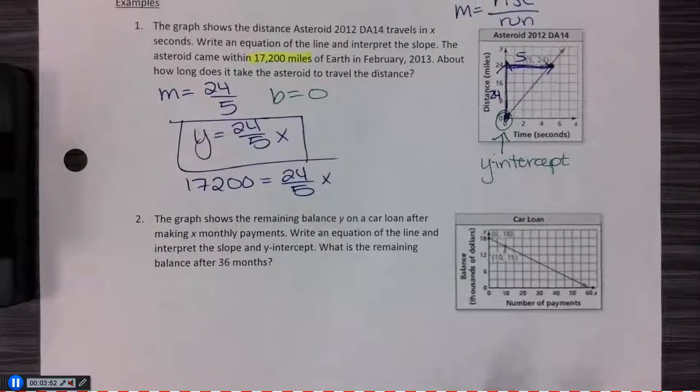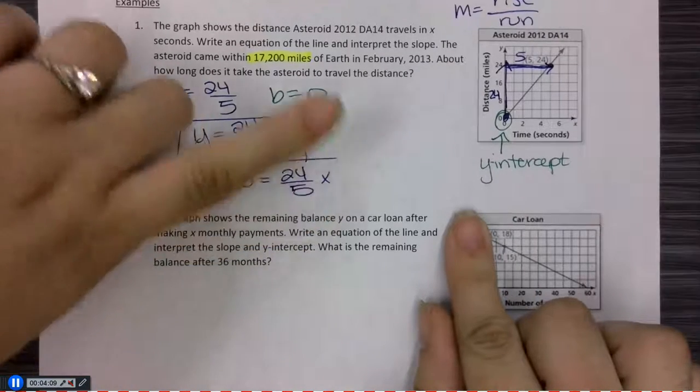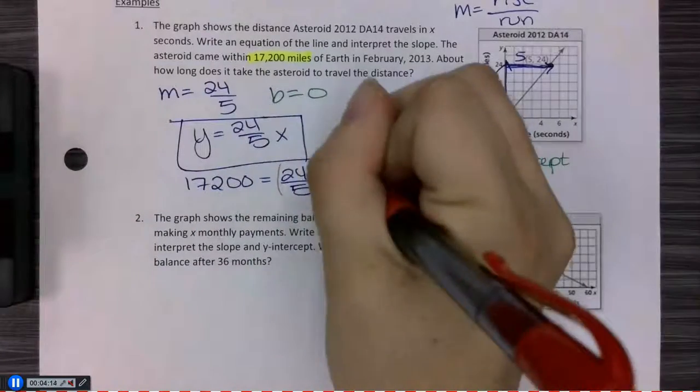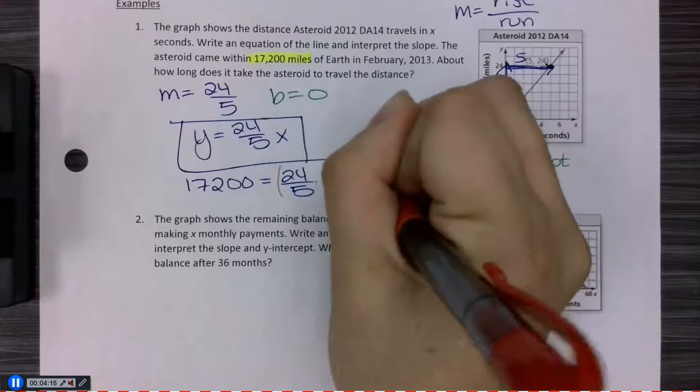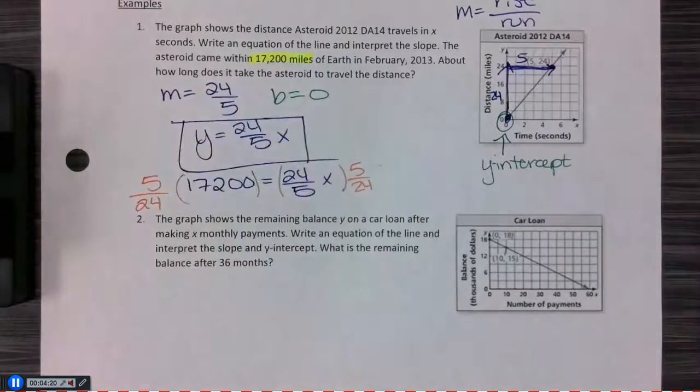And then how would I solve this equation? I want to get the x by itself. I flipped the fraction, because if I was just looking at it like this, I'd divide by 24, and if the 5 was just on the bottom, I'd multiply by 5. So I flipped the fraction, and I'm going to multiply both sides by 5 over 24.